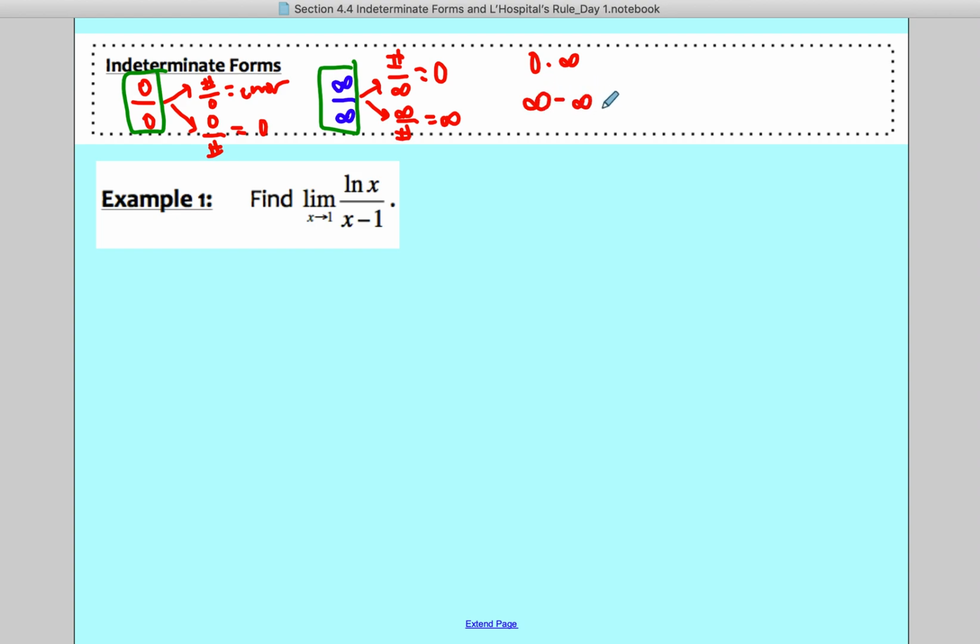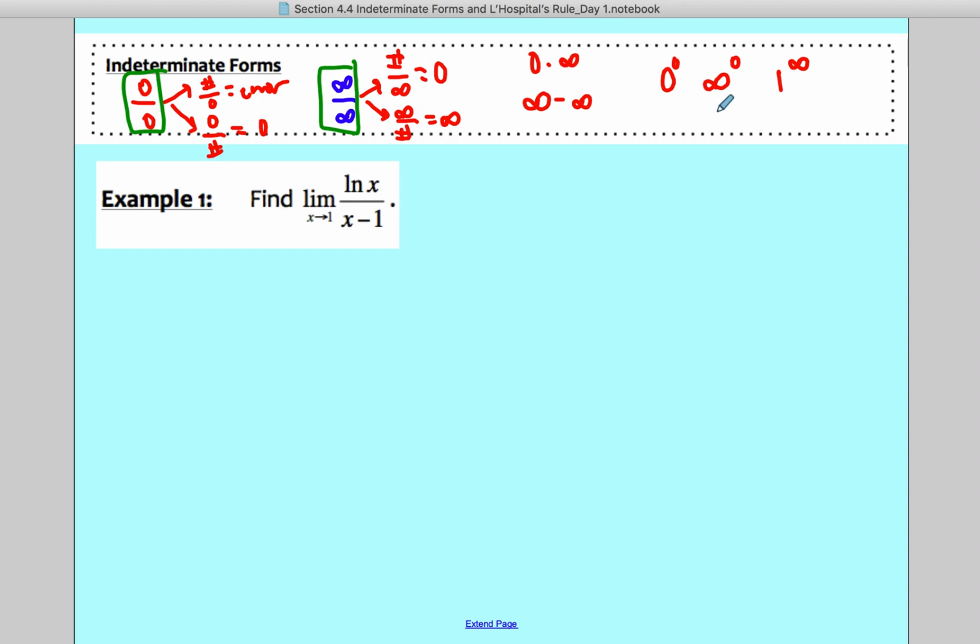Infinity minus infinity, that's another indeterminate form. 0 to the 0 power, that's indeterminate. Infinity to the 0 power, that is indeterminate. And 1 to the infinity, that is an indeterminate form. So these are all our indeterminate forms. We're going to focus primarily on these 2 today, and we're going to touch on these. And then in our next set of notes, we'll look at the ones with the exponents.